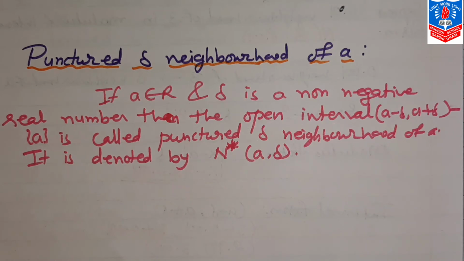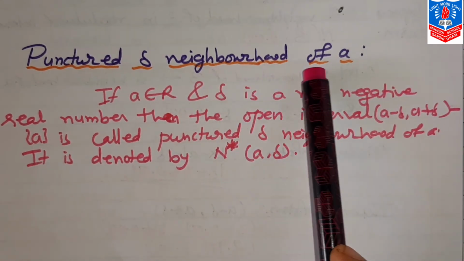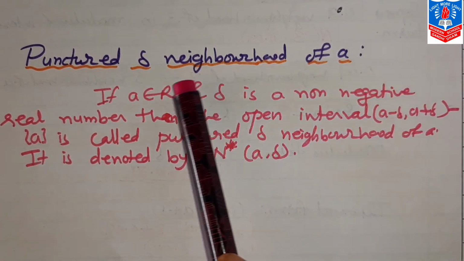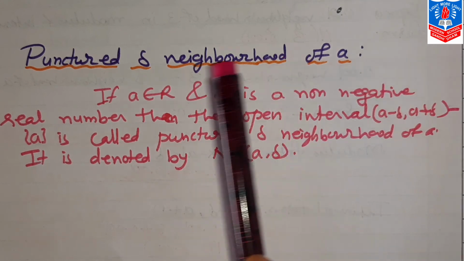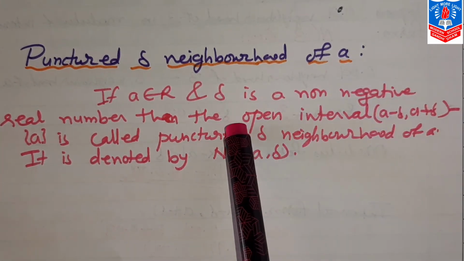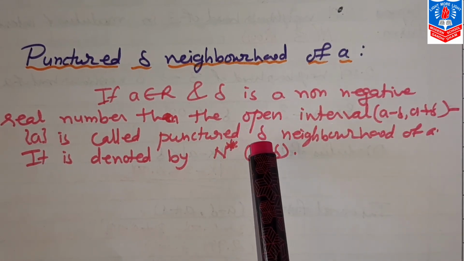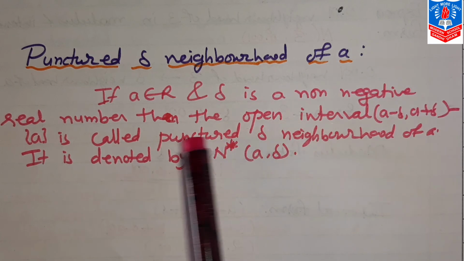One more definition, that is punctured delta neighborhood of a. We did delta neighborhood of a earlier; this is punctured delta neighborhood of a. From the board examination point of view, for 1 mark, this definition is important. What is that?